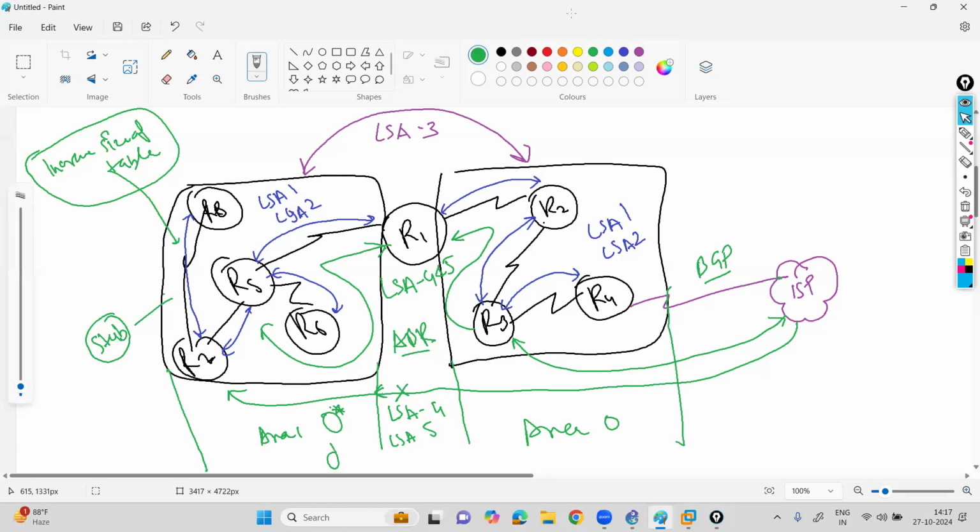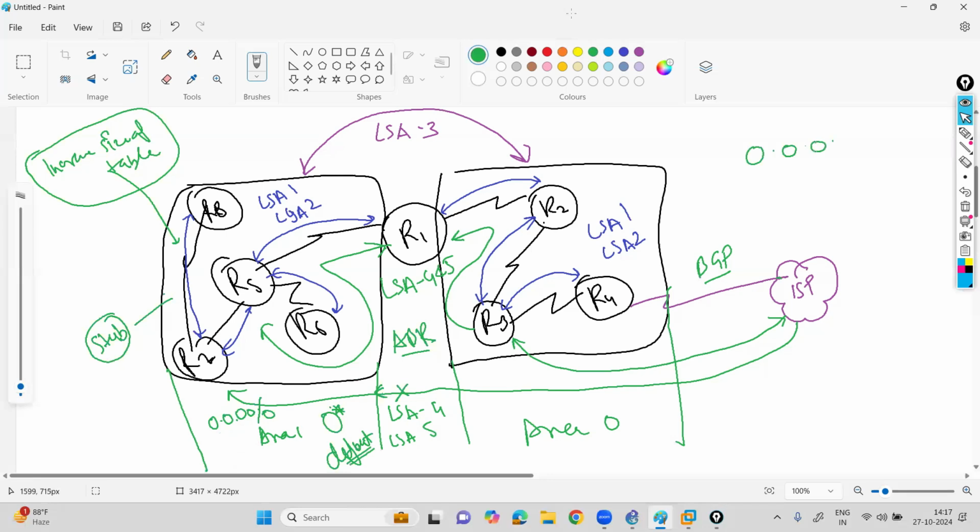That means default route. That will be converted to default route, or we can say when the data will be forwarded here, 0.0.0.0/0, in the form of what?